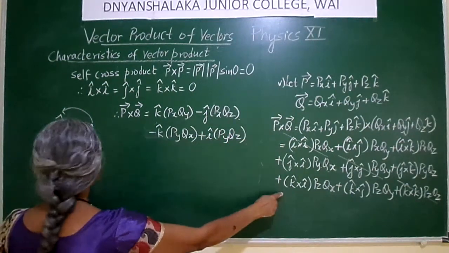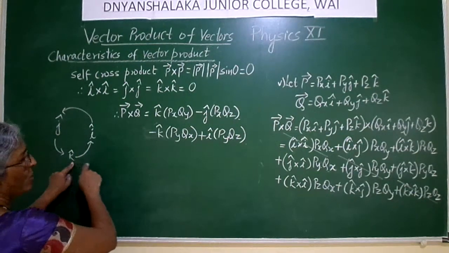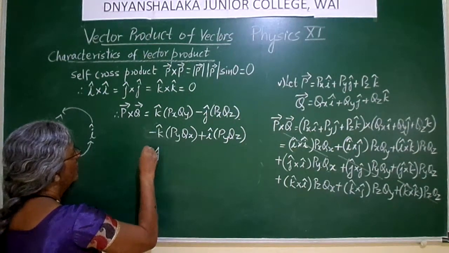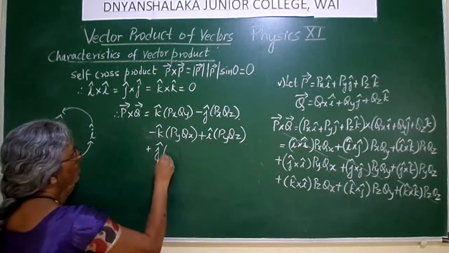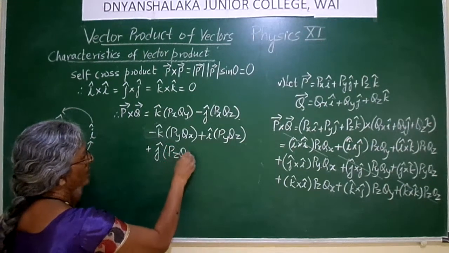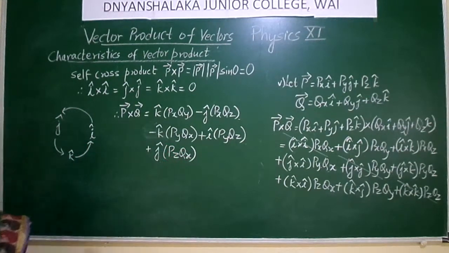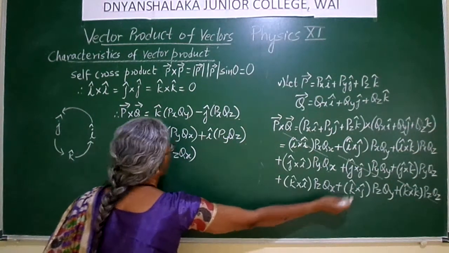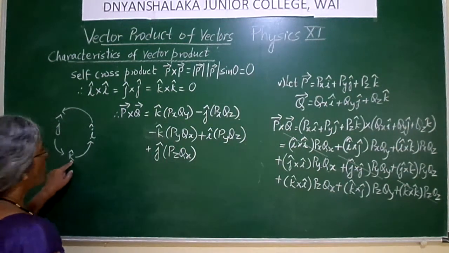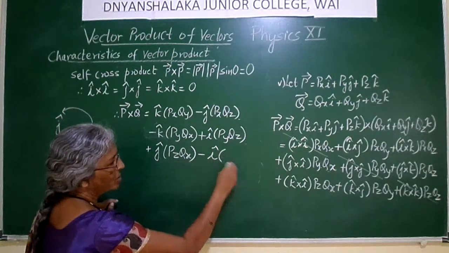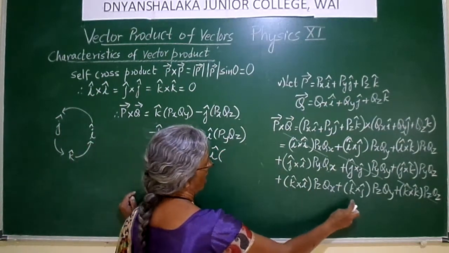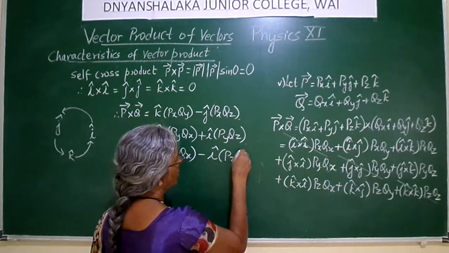Vector k cross vector I is plus vector j into pz qx. And vector k cross vector j is minus vector I into pz qy.